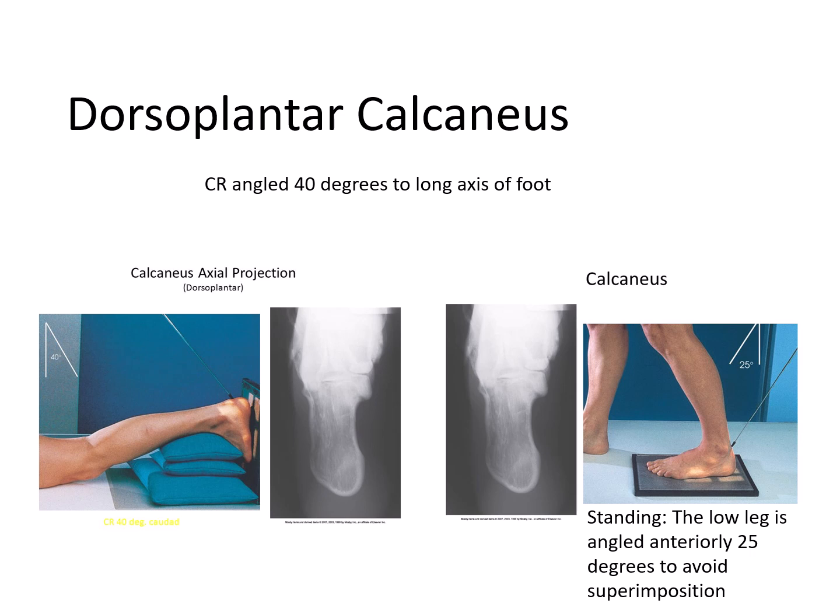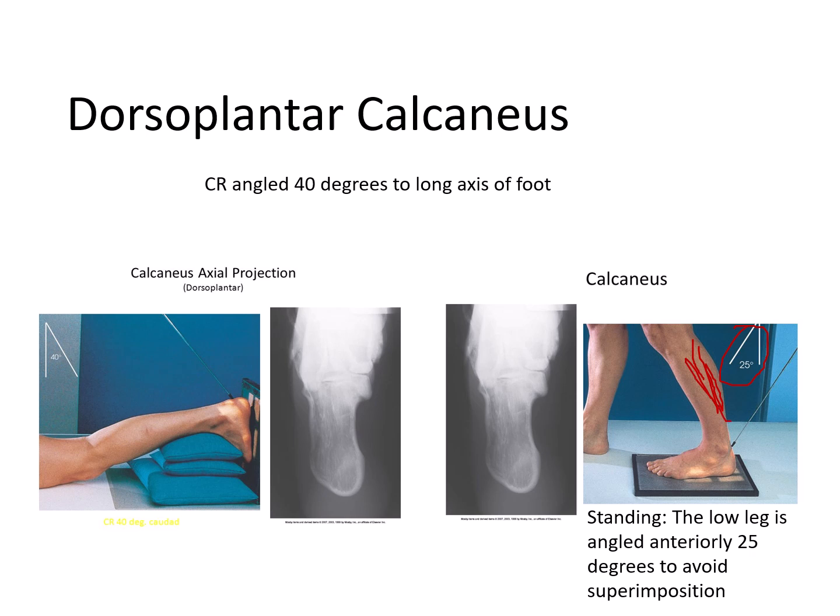These are both the dorsoplantar projection because the beam is entering the dorsal side of the foot and exiting the plantar side. On this one, again, a 40-degree angle to the long axis of the foot. And this picture is showing 25 degrees here. That's just the angle of the leg.